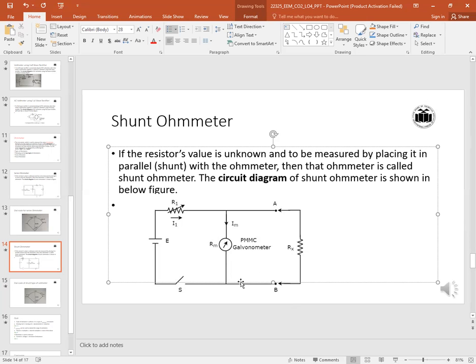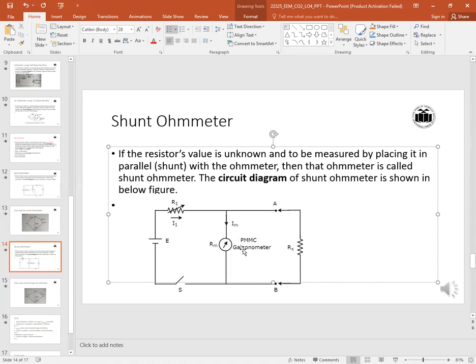Therefore, the meter will indicate 0 current. And if these A and B points are open, then Rx, the resistance, will be equal to infinity on the scale of the meter.